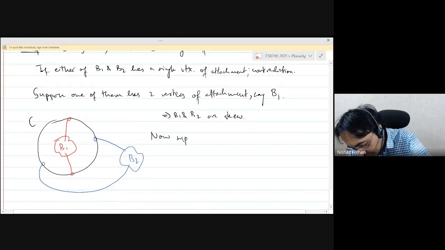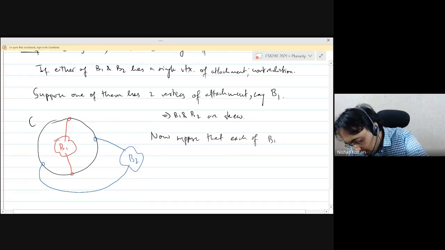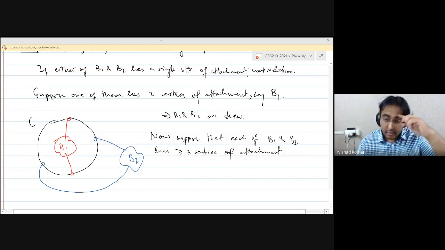Now suppose that each of B1 and B2 has at least three vertices of attachment.